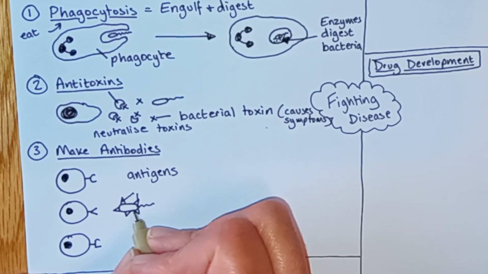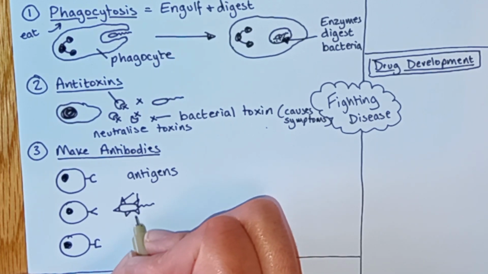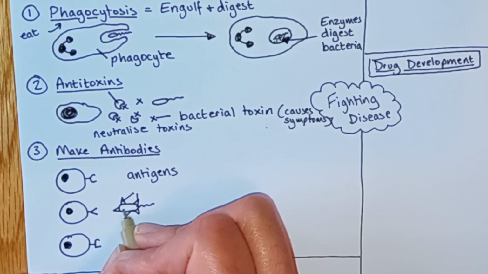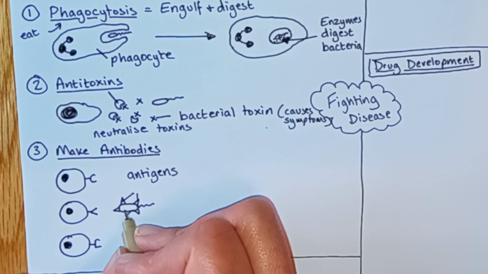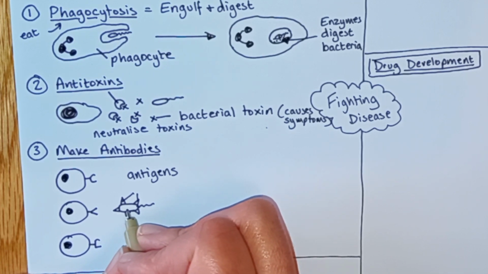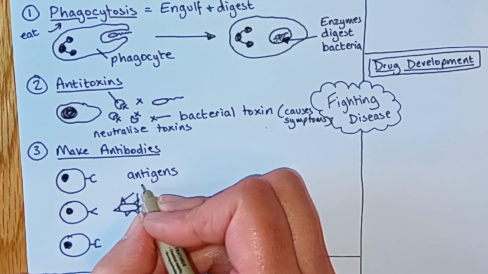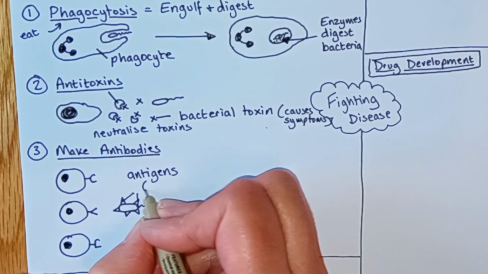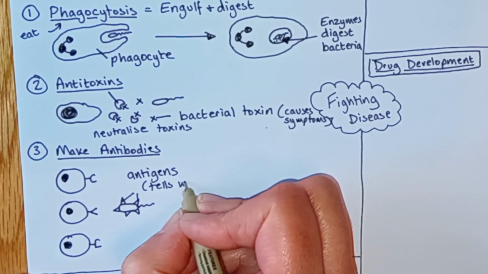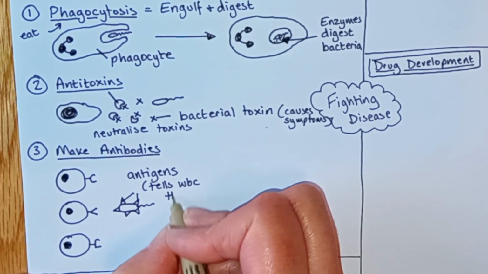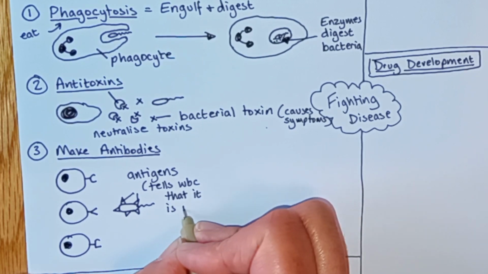So antigens are usually proteins, but they don't have to be, found on the outside of all cells, and they're different to yours. So you might have circular shaped antigens, and this bacteria's got a different shaped one. We say they are non-self. So it tells white blood cells that is non-self.